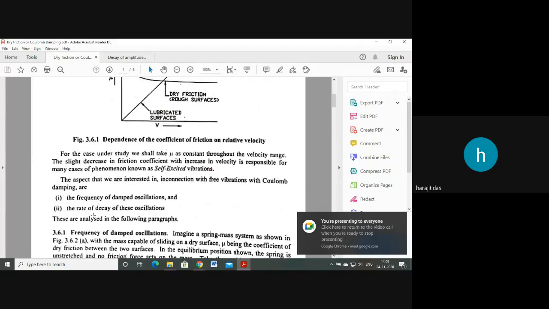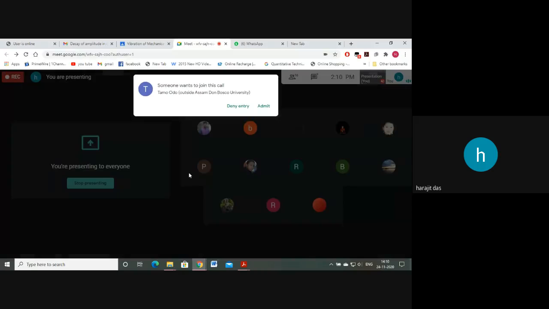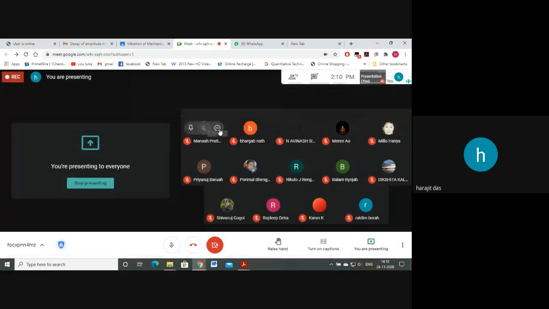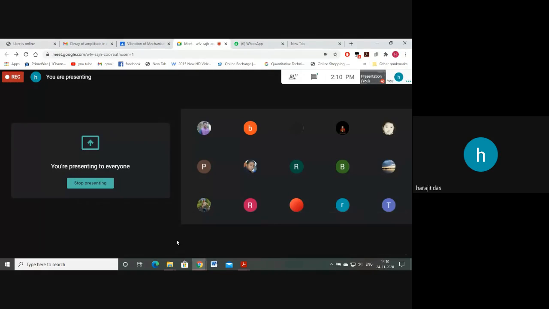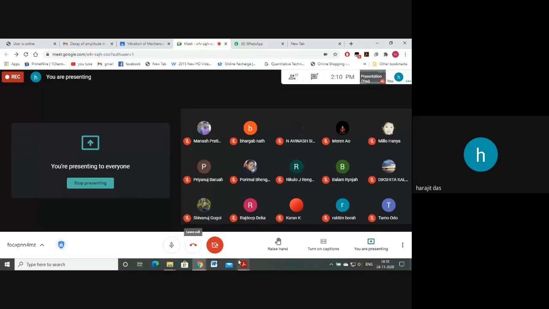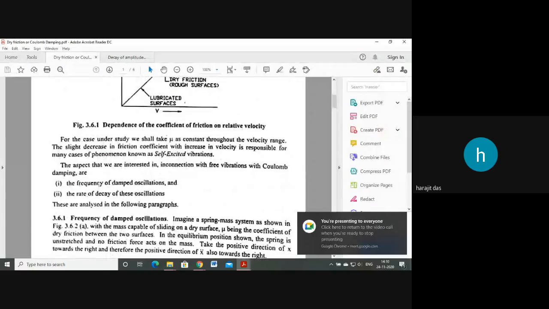Decay means there will be some decrease in amplitude in each cycle, because this is damped vibration, isn't it? So in each cycle the amplitude will keep decreasing, and finally after some cycles the motion will come to rest. Understood?